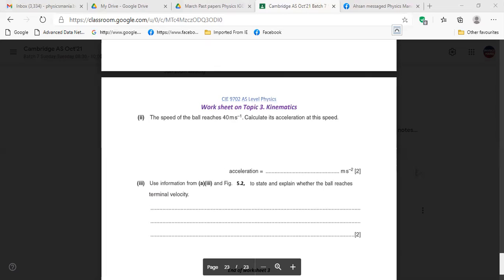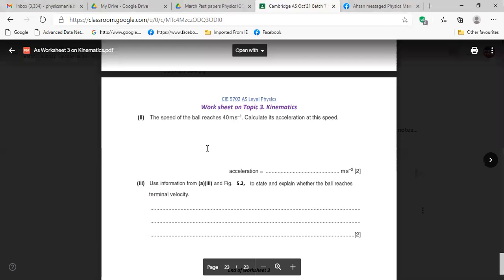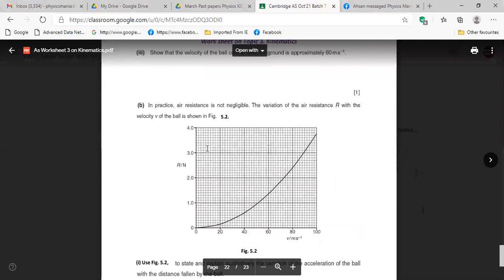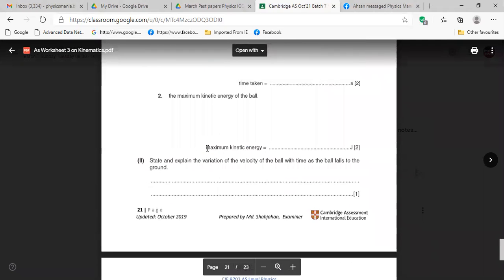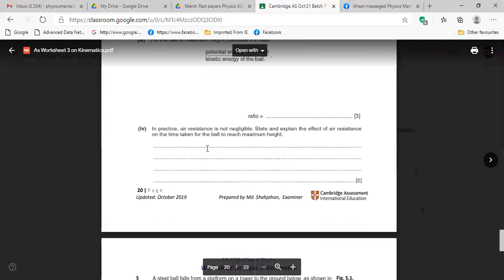Now, question number four. Did we do the last part? Drawing is done, right? But the ratio, potential energy of the ball, kinetic energy of the ball, that one we did not complete. No, sir. That one is left, right? Because that day our time was over. So we finish this part now.